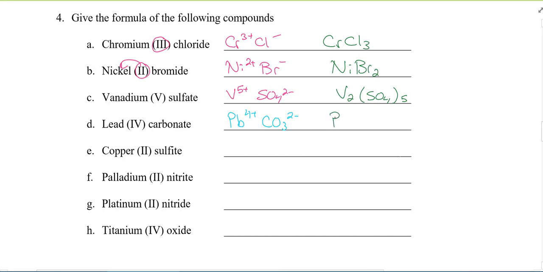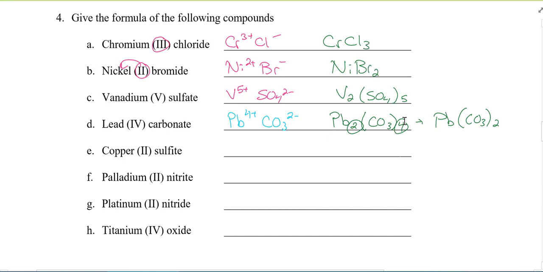Cross: Pb2(CO3)4. We can reduce these, can't we, to Pb(CO3)2. Now, technically speaking, this one, Pb2(CO3)4, is not wrong.